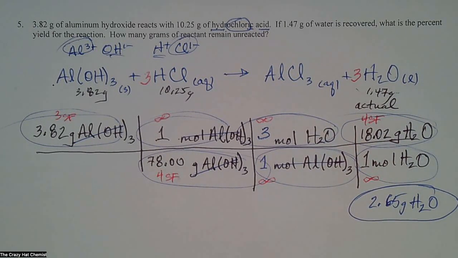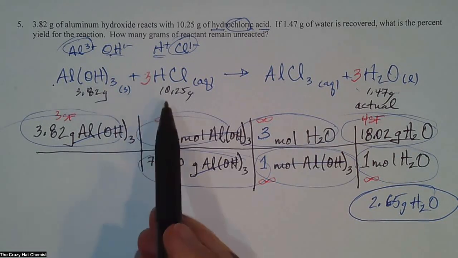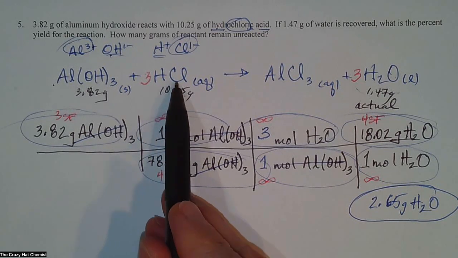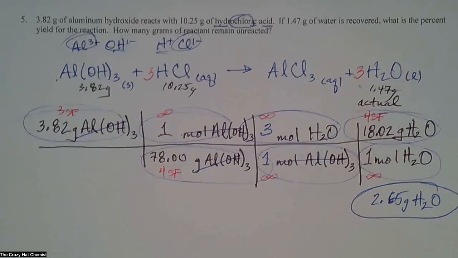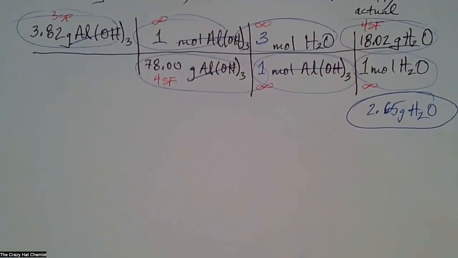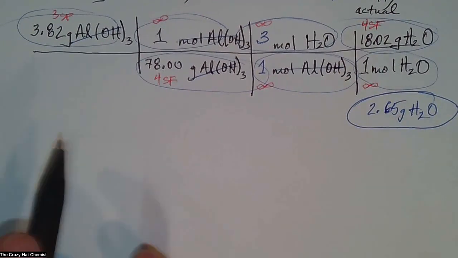Now what we're going to do is deal with the other reactant, which is hydrochloric acid. So I'm going to start off with 10.25 grams of hydrochloric acid. I'm going to scoot this up here, and we're going to do another stoichiometric portion.